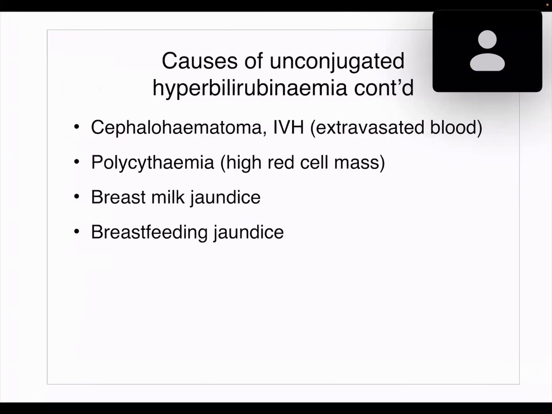Then also cephalohematoma, which is accumulation of blood in the head of babies, usually as a result of an injury while delivering the baby, which usually wears off by itself, increased red blood cell mass, like I said, polycythemia, then finally breast milk jaundice and breastfeeding jaundice, which we'll talk about also in the coming slides.